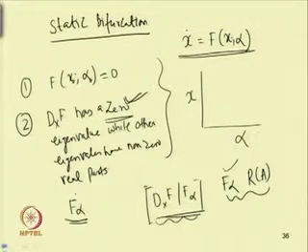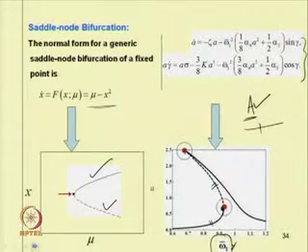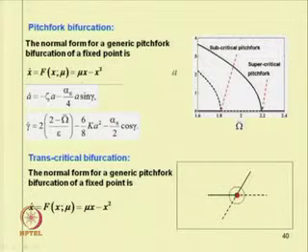So, let us see the generic form of the pitchfork bifurcation point. It is x dot equal to mu x minus x square.